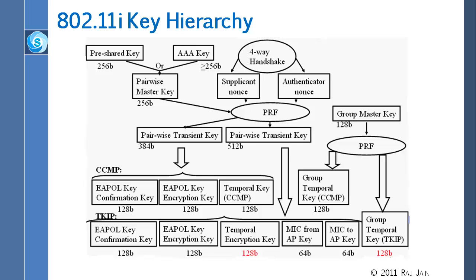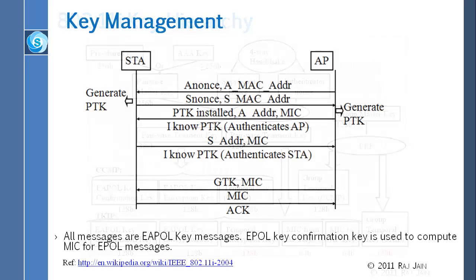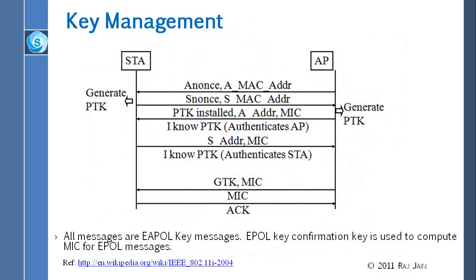I mean, it is strange that for EAPOL messages they have an integrity key and the encryption key, integrity key, encryption key, integrity key, encryption key, and all that. But when they come to this one, they have only one key. But anyway, all of these messages are EAPOL key messages. So now, this is another little bit of detail.